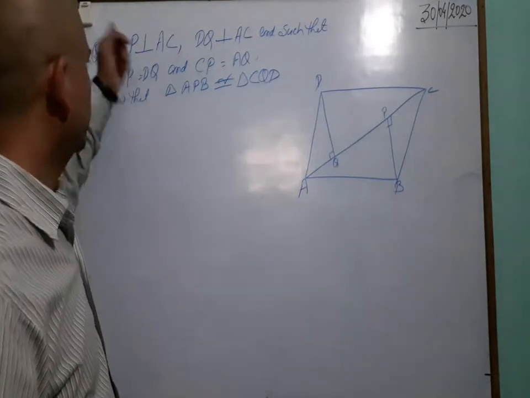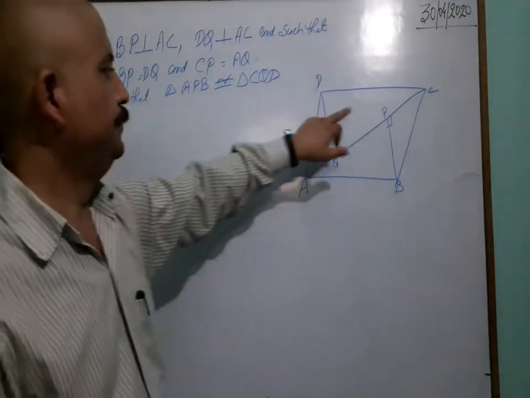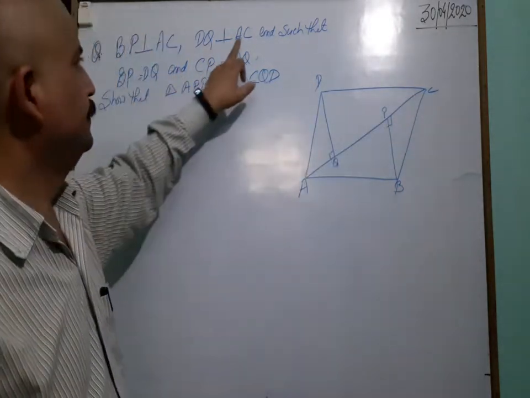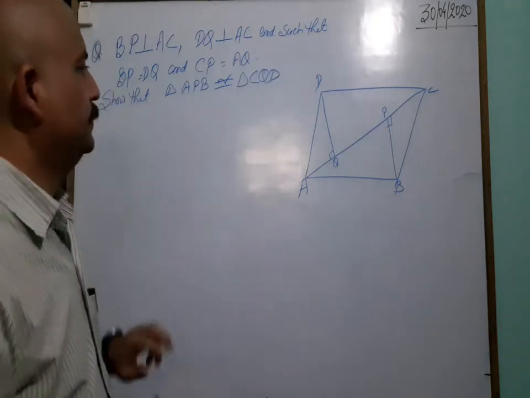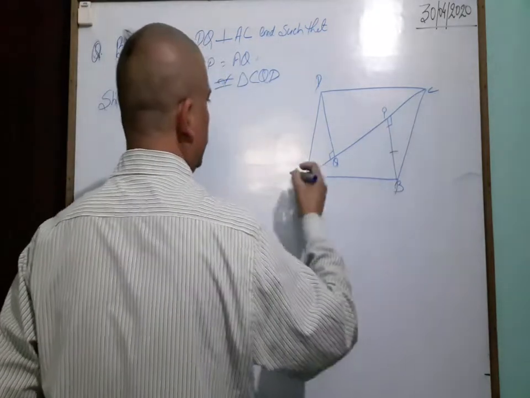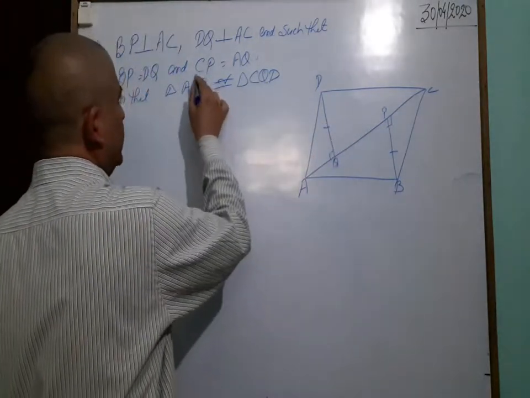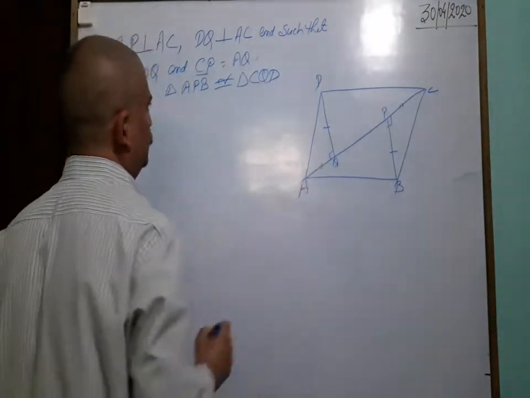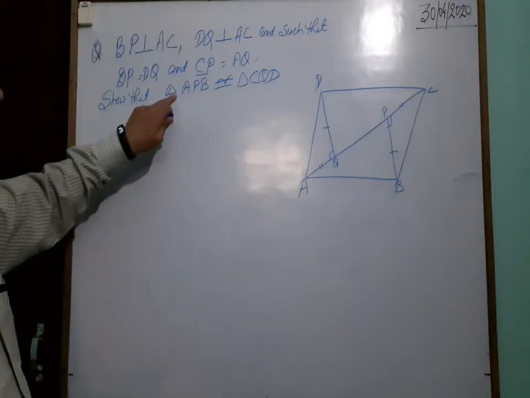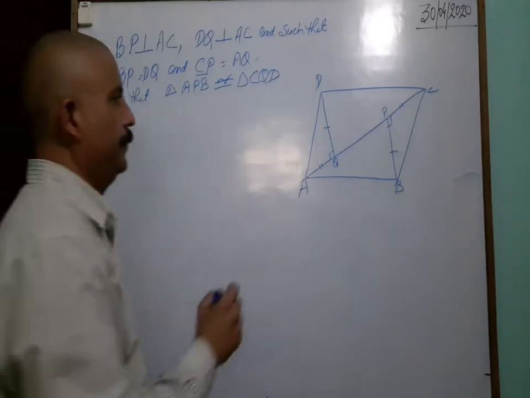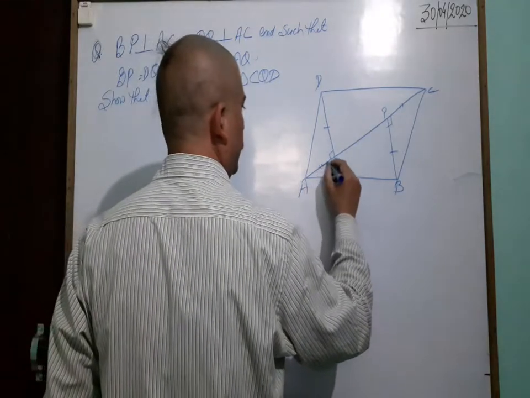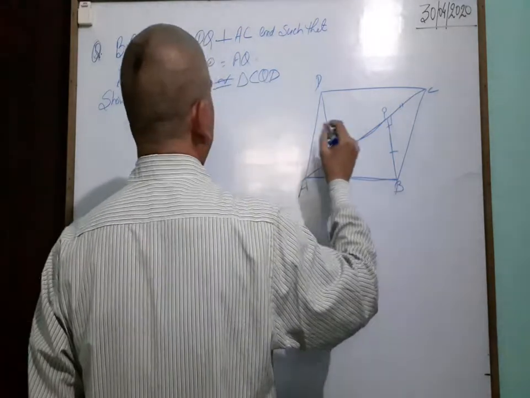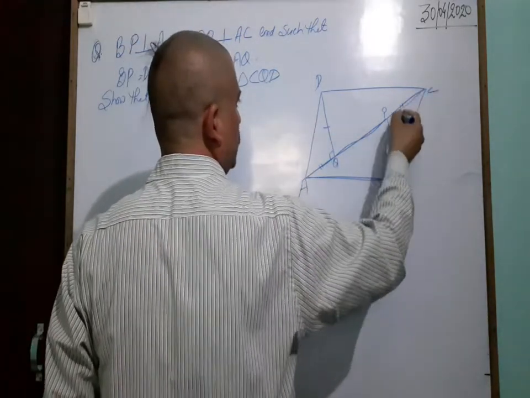Next question: BP and DQ are perpendicular on AC, such that BP equals DQ and CP equals AQ. Then prove that triangle APB is congruent to triangle CQD.